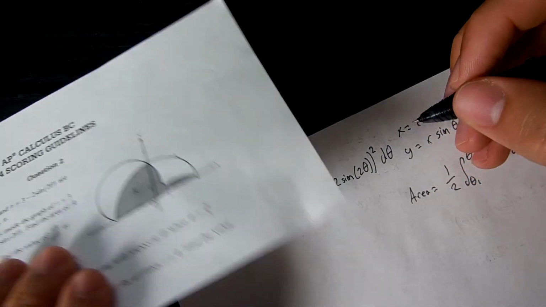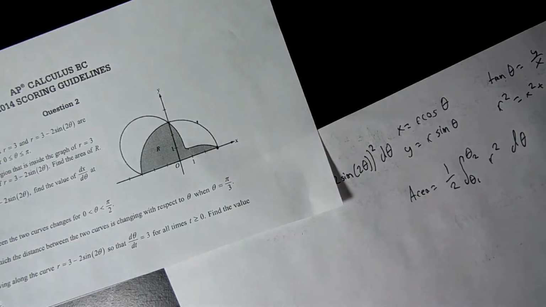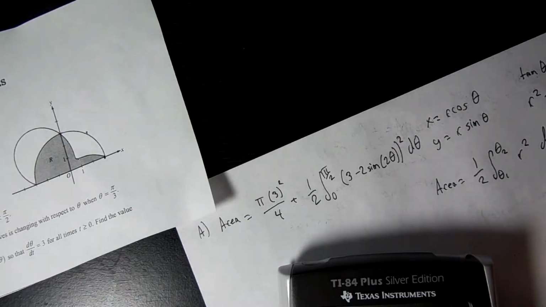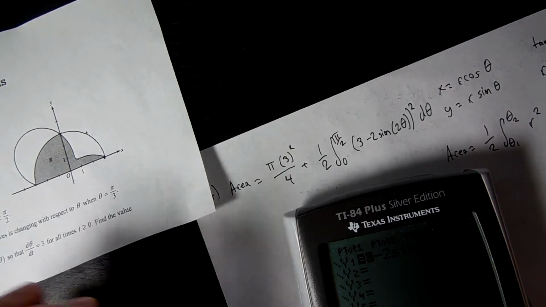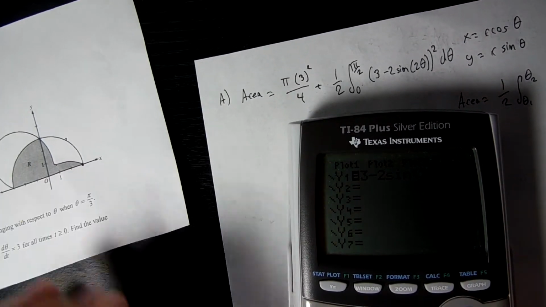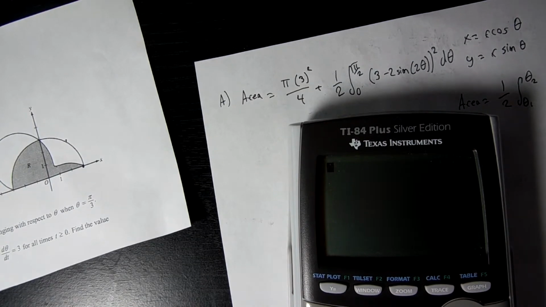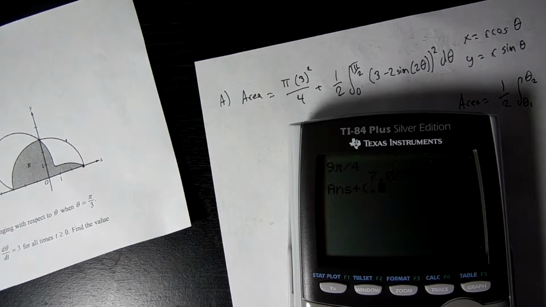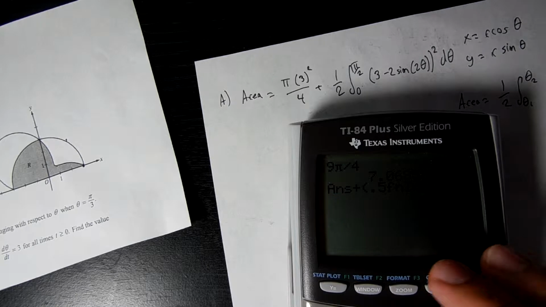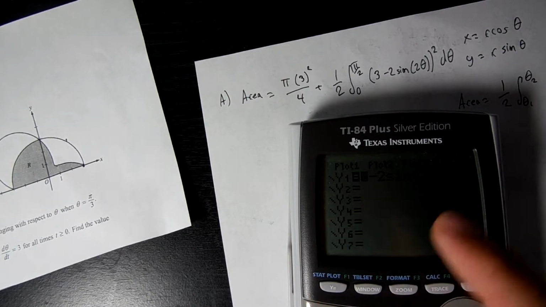Since you can use your calculator on this FRQ, pull that calculator out. First thing you want to do is store your r equation so you don't have to keep writing it down. And then you just plug in the numbers. So you know it's 9 pi divided by 4, and you add that to 1/2 the integral, using the r that you stored right here.